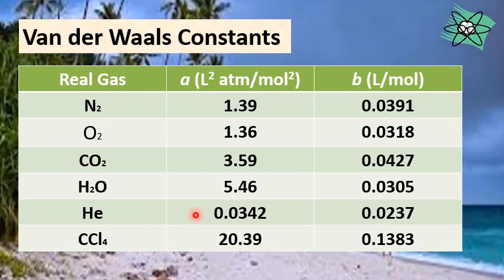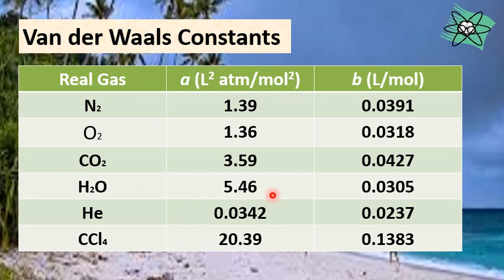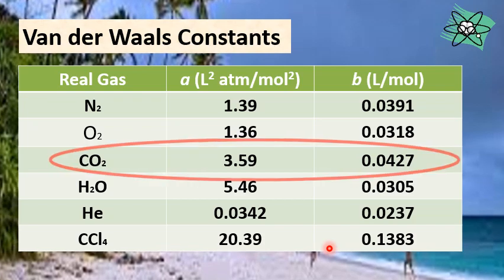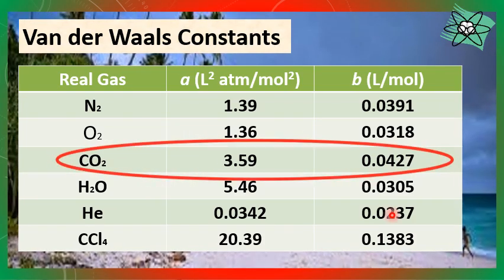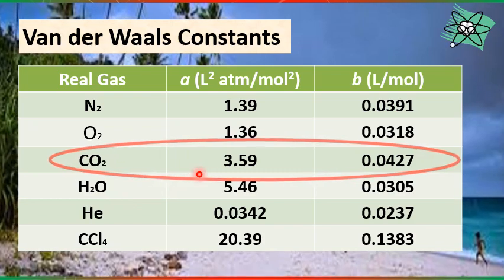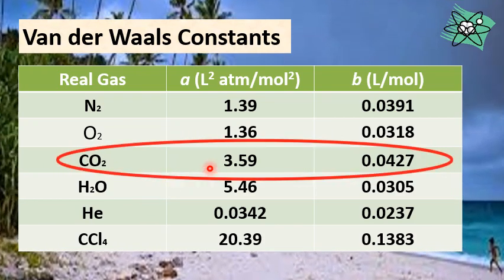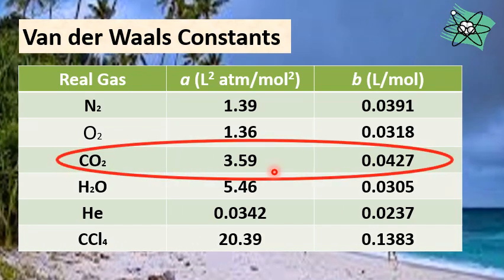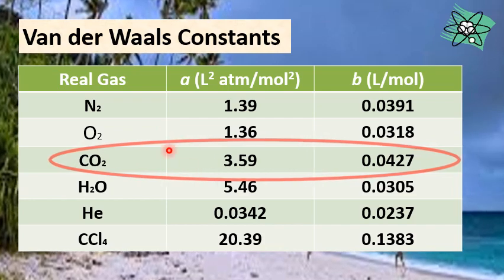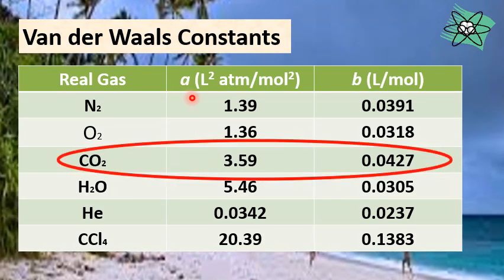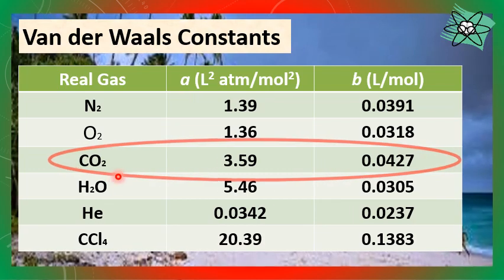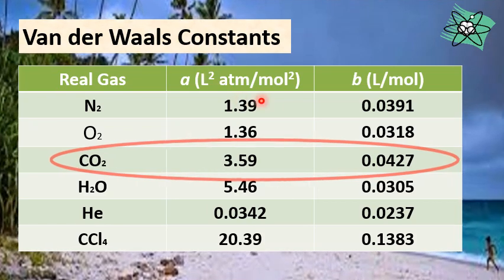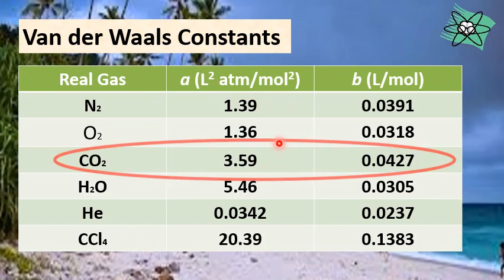The van der Waals constants A and B of some common gases are given in this table. We are highlighting these constants for the gas carbon dioxide because we will be using them in our next example problem. The van der Waals constant A for carbon dioxide gas is 3.59 liters squared atmosphere per mole squared.